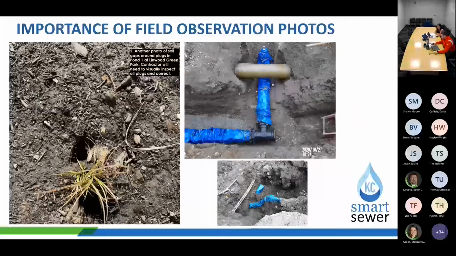So on the right, you'll see a tie-in of a water main on Turkey Creek. The work isn't exactly fully done yet, but you'll see that this happened on 10/27 of 2020 at 10:24 in the morning.